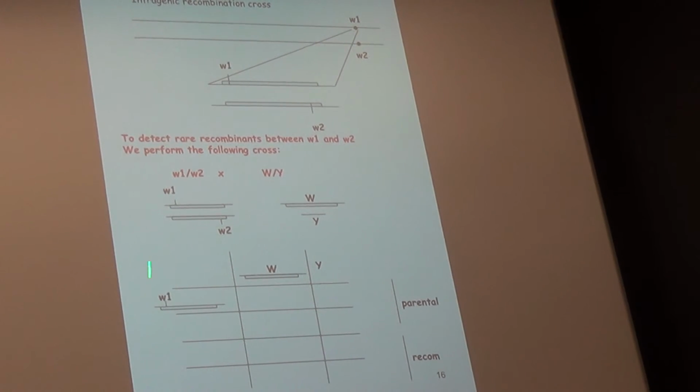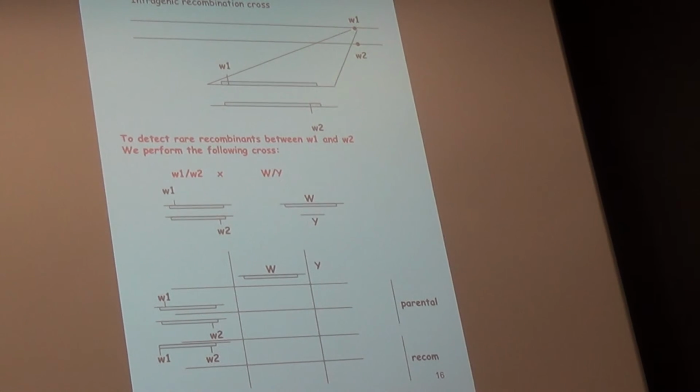So just W1, just W2, and then when you have a crossover right here, what will the gene look like? You will have one gamete that will be W1 and W2. What's the fourth gamete going to look like?